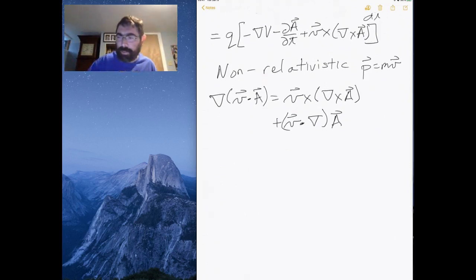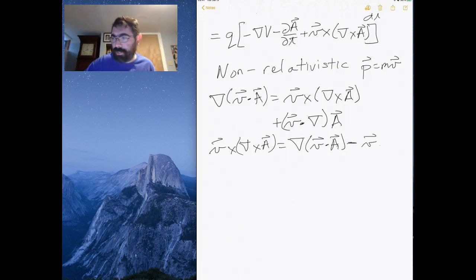That means that V crossed curl of A is now equal to the gradient of V dot A minus V dotted into del times A.